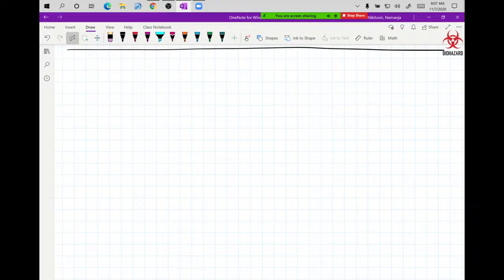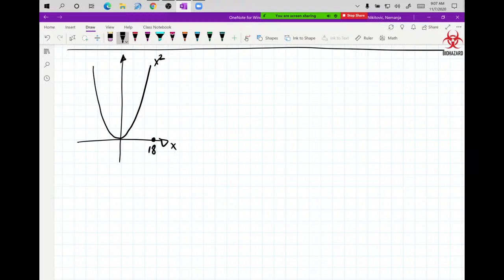This can be very useful, right? In many cases, in many applications. So you have your x squared graph, and then you have 18, 0. So that's 18 on the x-axis.